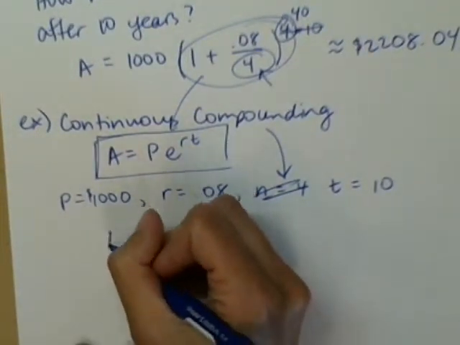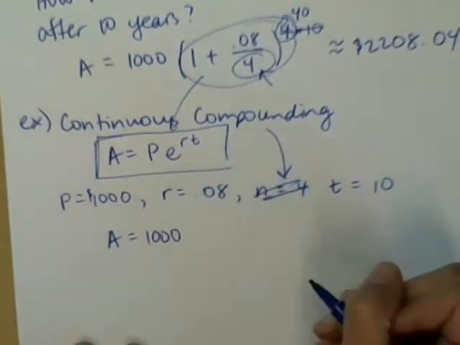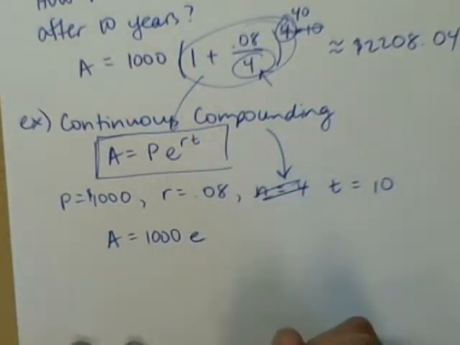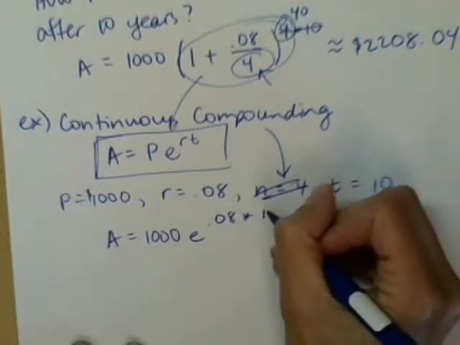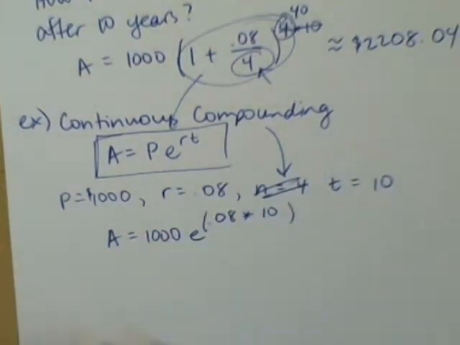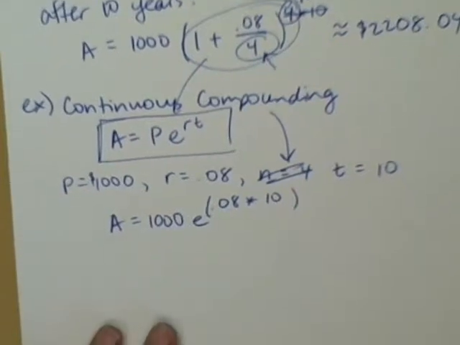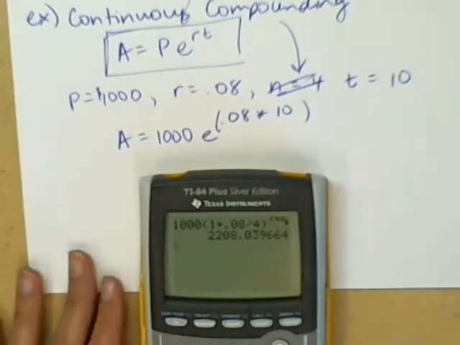So to find the amount in this account, A is equal to P, which is 1,000, e to the RT, so 0.08 times 10 goes up in the power. So you can go ahead and put this in parentheses, or if your calculator puts things up as a superscript, you can just make sure that both of those show up as a superscript. So in the calculator, I'm going to type this one now.